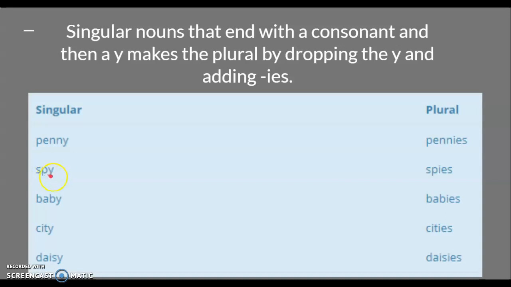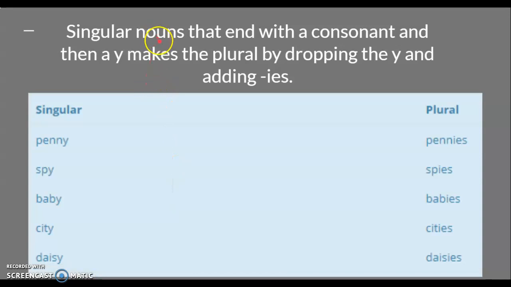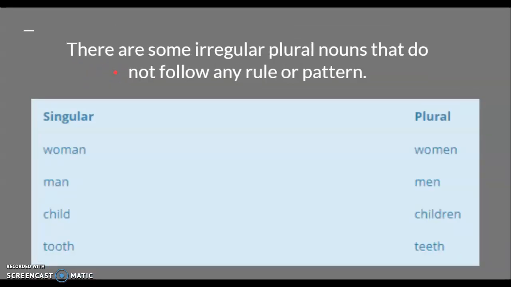Spy, the letter P is a consonant, and it ends with a Y, so drop the Y, becomes spies. Baby, B is a consonant, then it ends with a Y, you drop that Y, babies. City, T is a consonant, ends with a Y, becomes cities. Daisy, S is the consonant, ends with a Y, becomes daisies. So when we have a singular noun that ends with a consonant and then a Y, you drop that Y, adding the IES to make it plural.